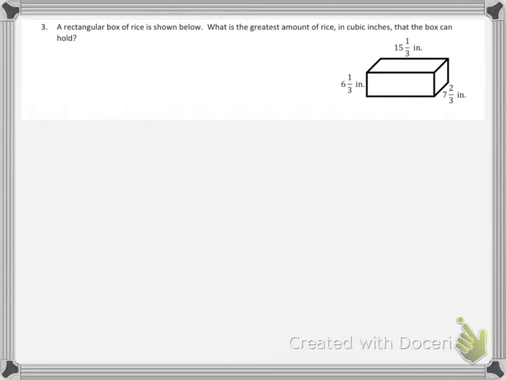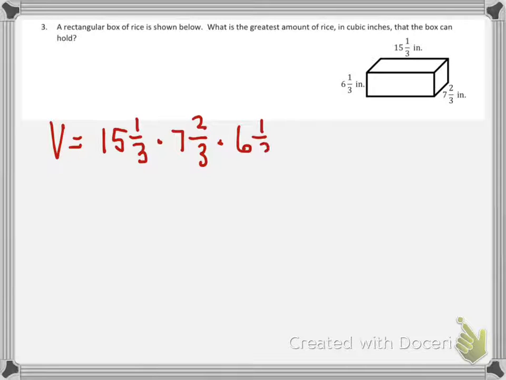All right, number 3. A rectangular box of rice is shown. What is the greatest amount of rice in cubic inches the box can hold? This is volume. So volume equals the length, 15 1/3, times the width, 7 2/3, times the height, 6 1/3.